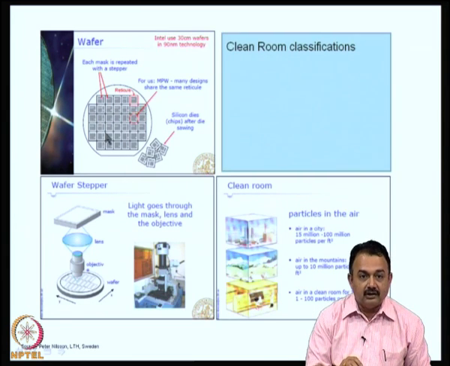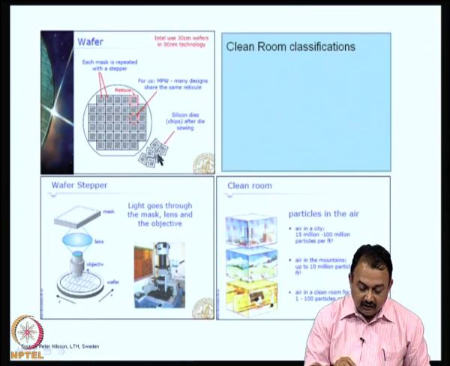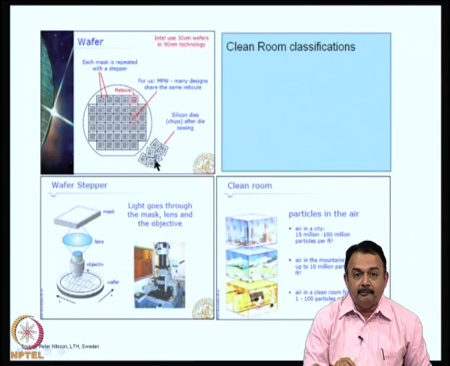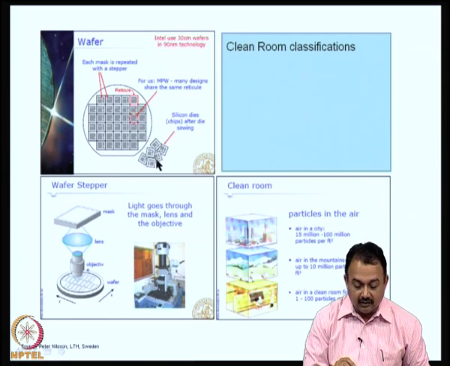Each one represents one die, and then these are the dies after they are diced from the main wafer. Now, Intel uses different wafer sizes, and today Intel is using 32 nanometers for its current microprocessor technology.